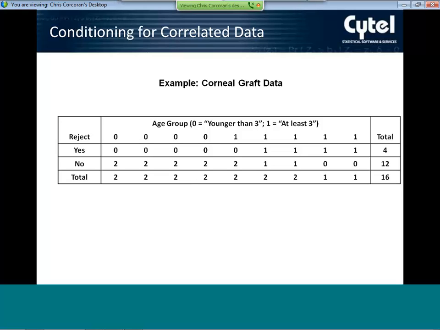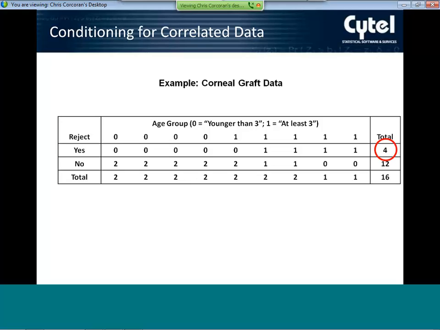So on the row margins, 4 represents the total number of rejections. And as with the exact test for uncorrelated data, like Fisher's exact test that we just talked about, we condition on these margins. In other words, we condition on all of the column margins, and we also condition on the number of eyes with a rejection.